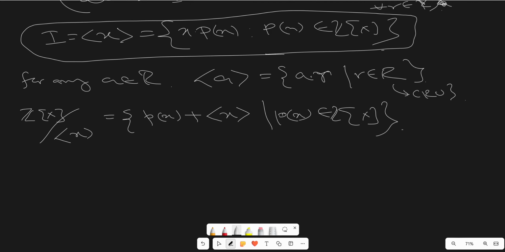Also you can verify, this is your homework, that the ideal generated by x is also all those polynomials p(x) inside Z[x] such that p(0) is 0.